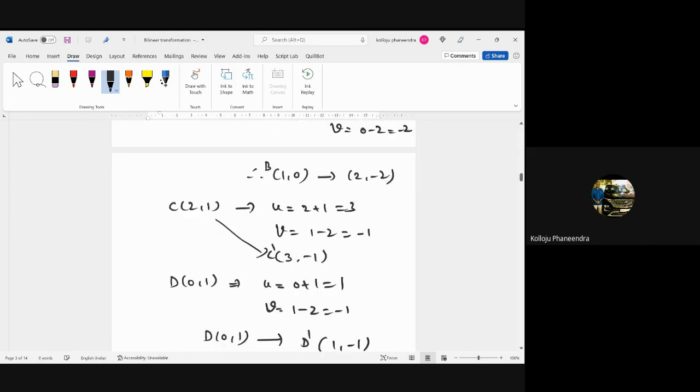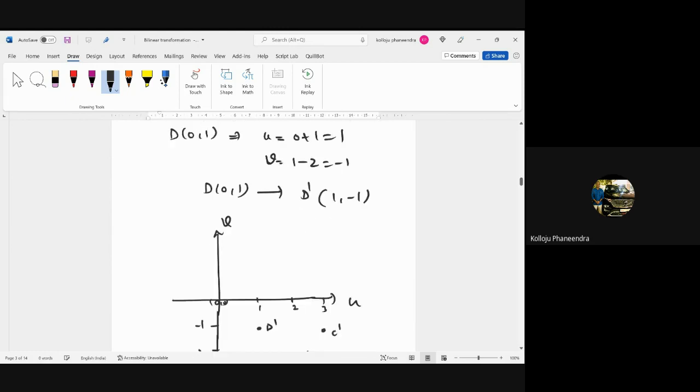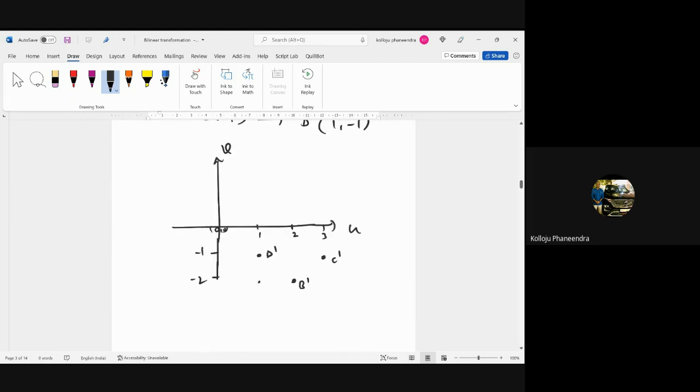And next one, this point O, I will take some E dash. 1 comma minus 2. Where is that 1 comma minus 2? Here. This is the point E dash. Join all these points. This is the rectangle, so translated.